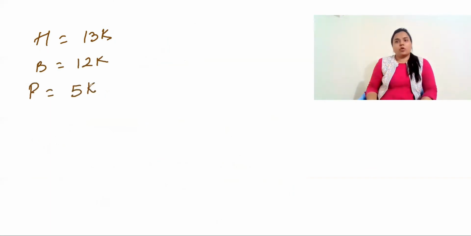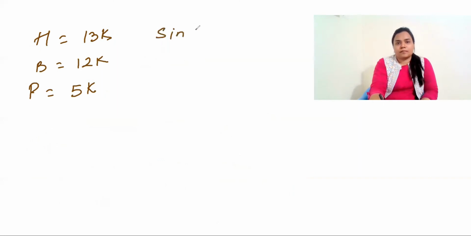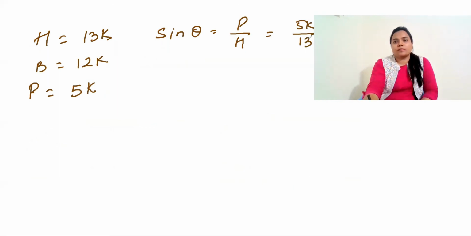Now we have to find all the trigonometric ratios. We will start with sine. Sine theta is equal to P by H, that is 5k by 13k, which is equal to 5 by 13.